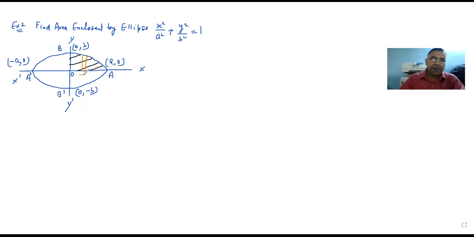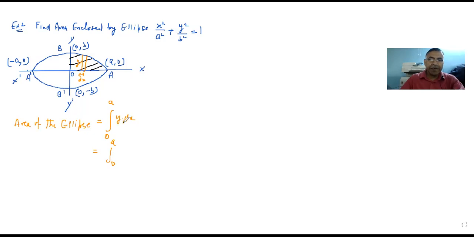This is the length and this is the width. Because it is along the x-axis, it is dx and this is y. So the area of the ellipse is equal to the integration going from 0 to a of y dx.